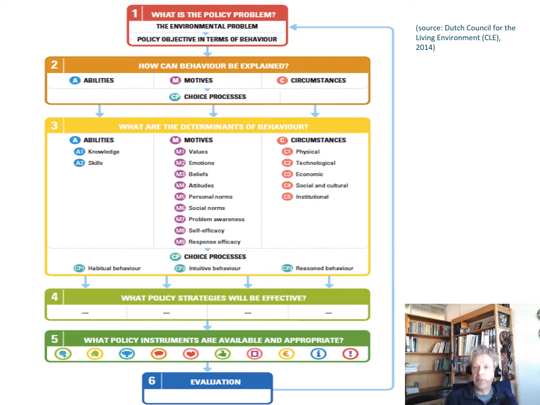So that might be your objective, to increase health and to increase people's capacity to reduce climate change, and so on. But then you also need to translate those objectives in terms of behavior. What kind of behavior change is then needed to meet those policy objectives?